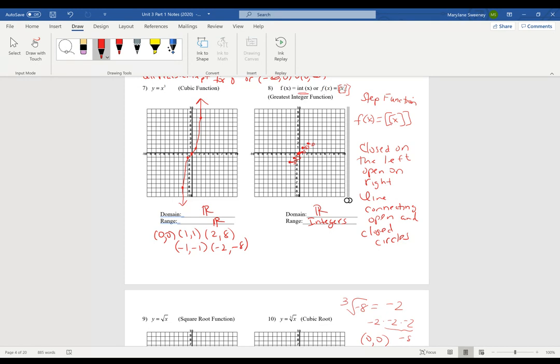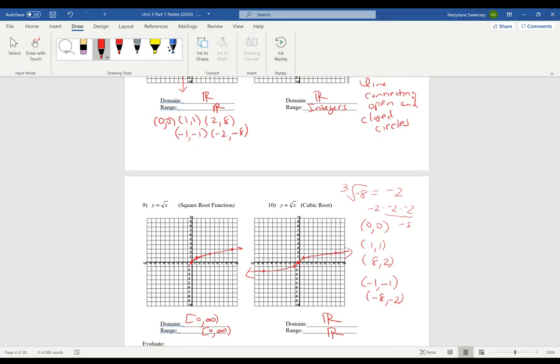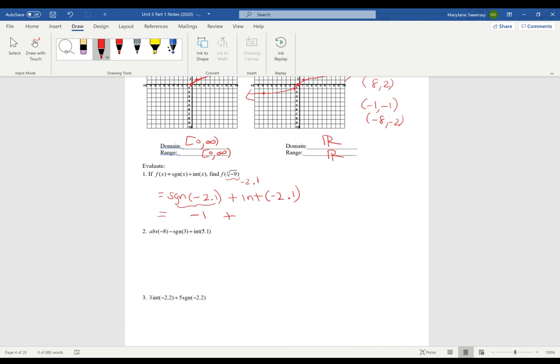So it rounds it down to the next integer. The same thing happens in the negatives. If I went to negative 2.1 on this graph, this is open here, line to the left. So at negative 2.1, I'm down here at negative 3 for a y value.